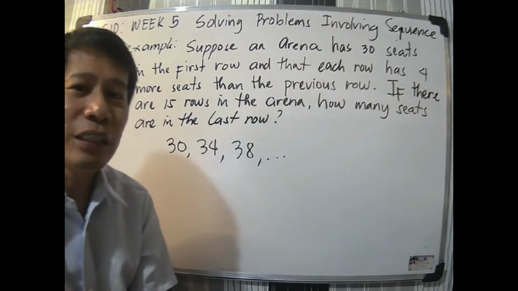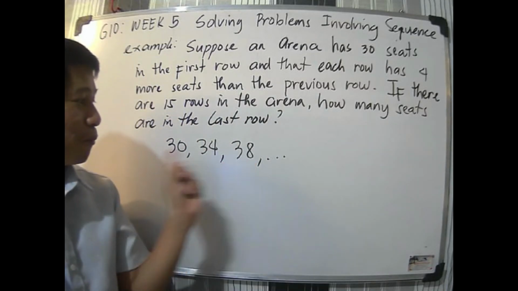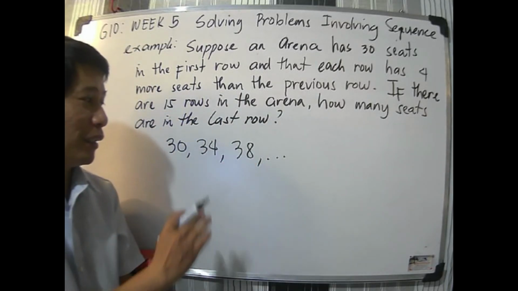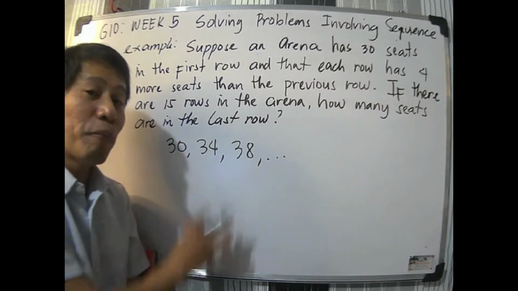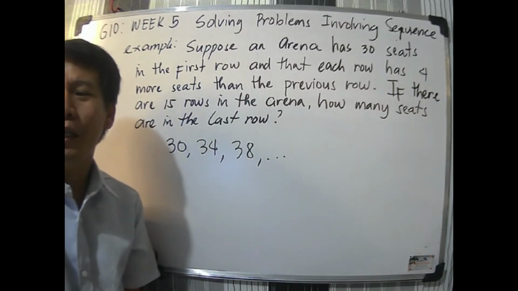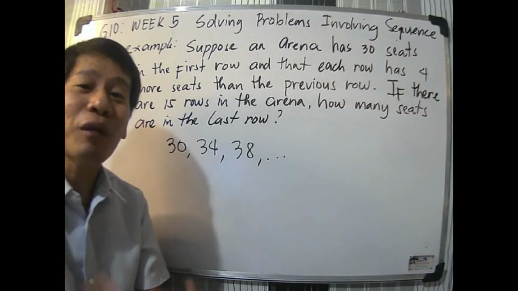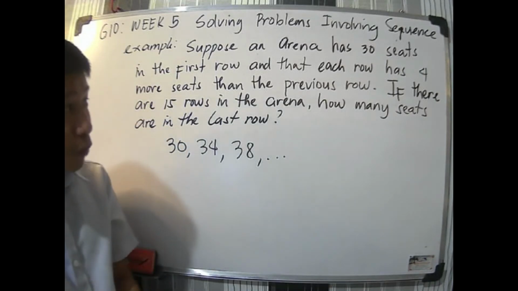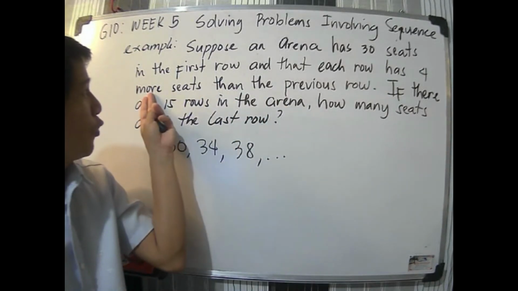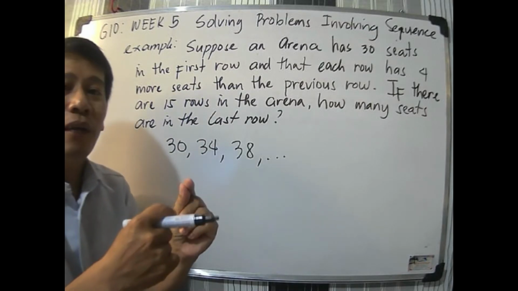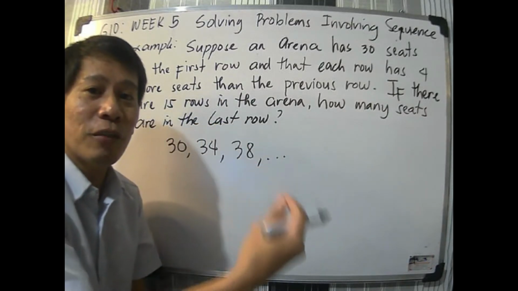So, kung titingnan ninyo, sa na-identify na natin yung mga rows with the number of seats, ano sa palagay nyong uri ng sequence ito? Doon pa lang sa term na has 4 more seats, ibig sabihin, the operation is addition.